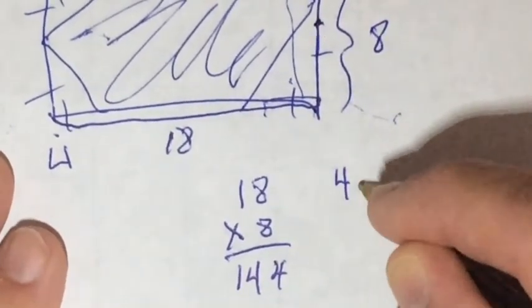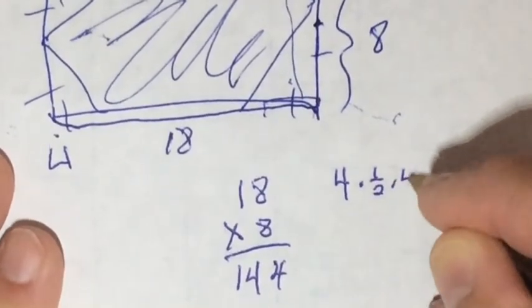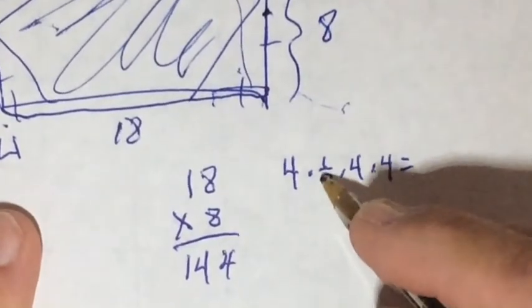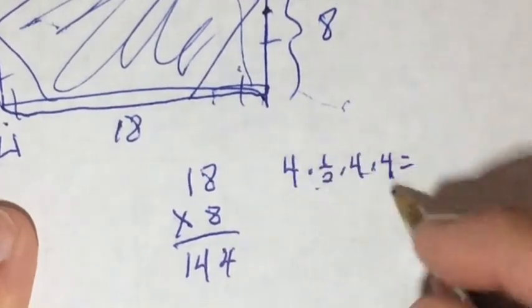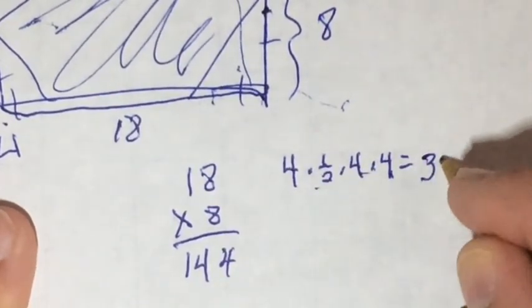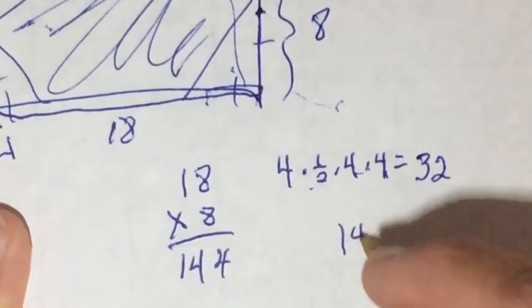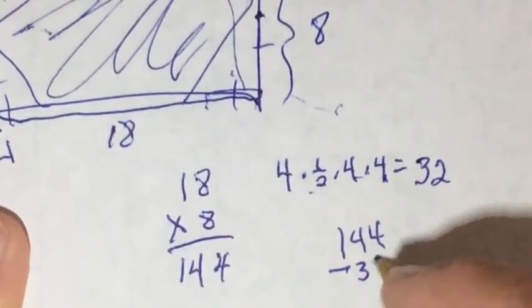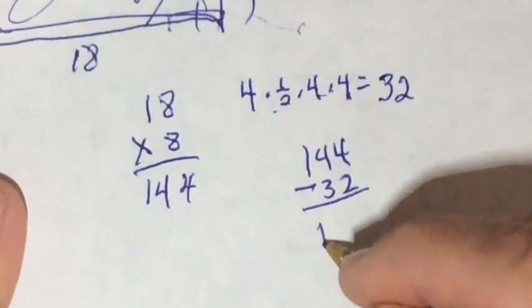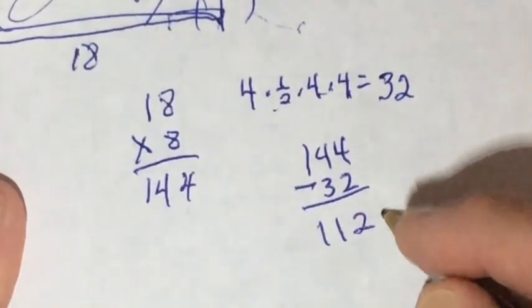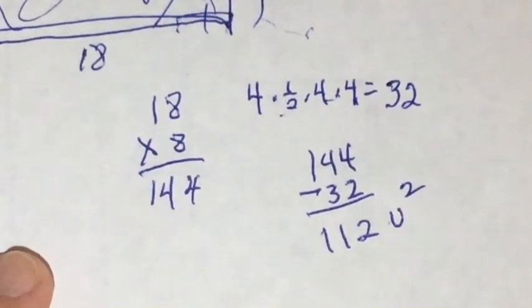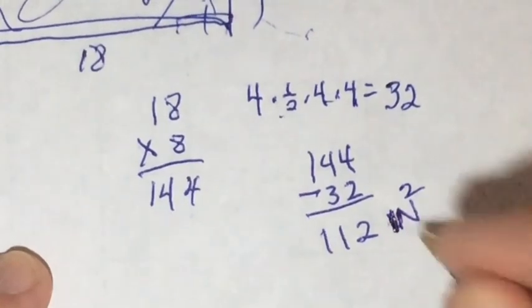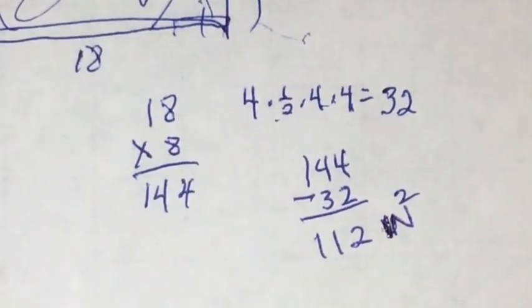So you have 4 times 1/2 times 4 times 4. And that's how much you're cutting out of this. So that's 4 times 4 is 16, times 2 is 32. So if I take 144 and I subtract 32, I get 112. And I think it was just units squared. Was it inches? Thank you. Inches squared. There you go. That was the whole test.